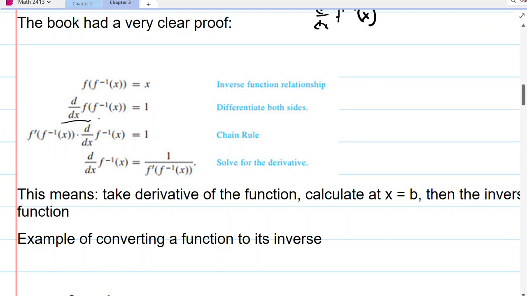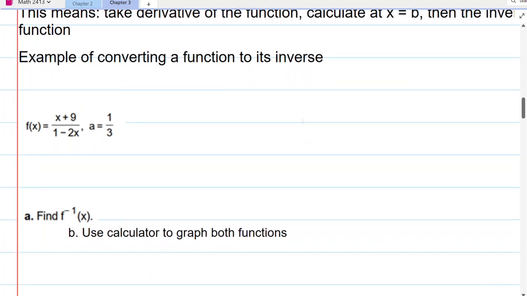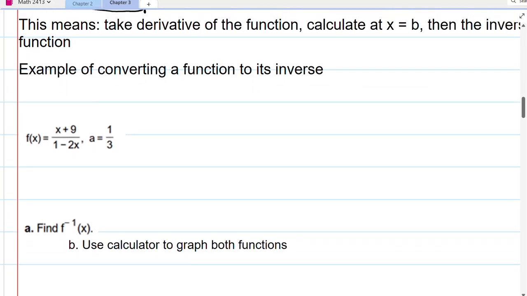Then if we take the derivative of both sides, we get 1 for x, and then we get the f prime of the inverse times the derivative of that inverse. Well, then if we divide by that, then we can see what we were talking about for that derivative. So we're going to do the long form of this guy.